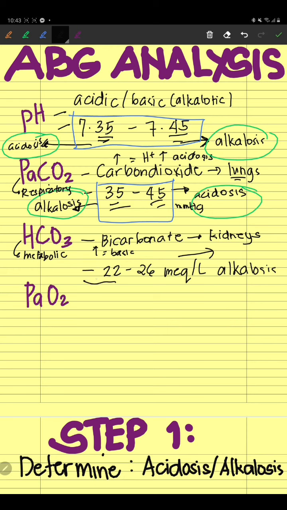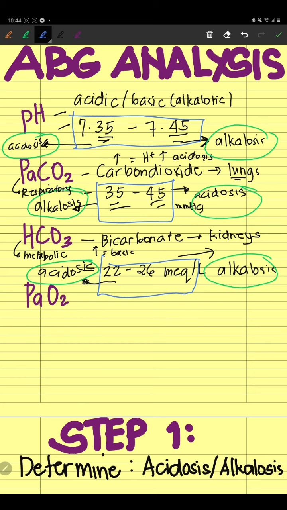If there is lesser bicarbonate levels naman, kung abnormal siya and it is less than 22, that is already acidosis. So, normal levels. Pag it is more than 26, that is alkalosis. If it is less than 22, that is acidosis.